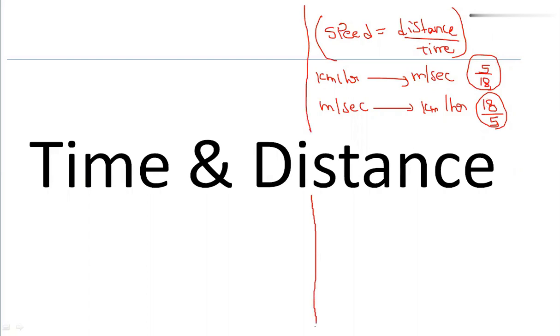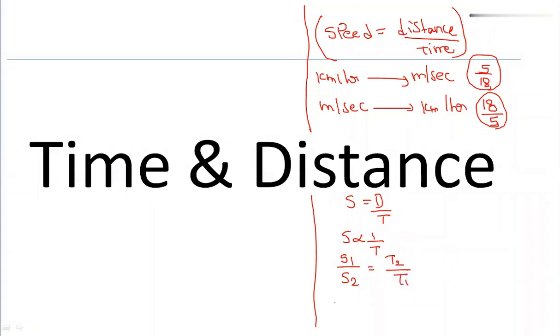And next comes here. Just try to understand: speed is equal to distance by time means can I say speed is inversely proportional to time? Yes or no? Can I say speed is inversely proportional to time, students? Yes. We already know an inverse proportional relation means you can draw the equation with respect to two cases like this: S1 divided by S2 equal to T2 divided by T1. Okay.